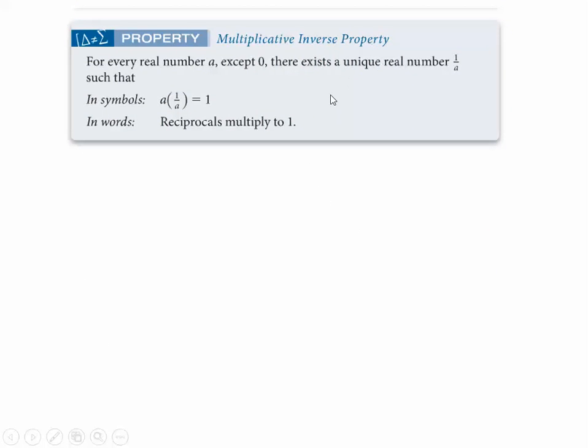Now the question is, what multiplies a number to get you to 1? We've seen those in practice already. If you have the number a, what you multiply by is 1 over a, and those two a's will cancel, leaving you with just 1. That's actually the definition of what it means to be a reciprocal as well. A reciprocal is multiplied to get 1. So a and 1 over a are reciprocals of each other.